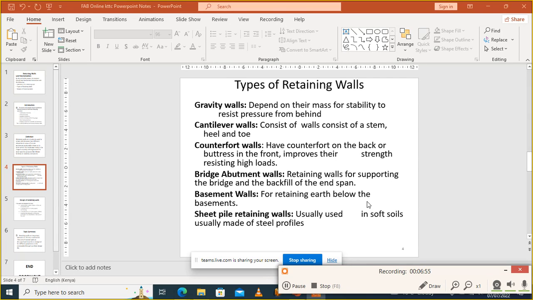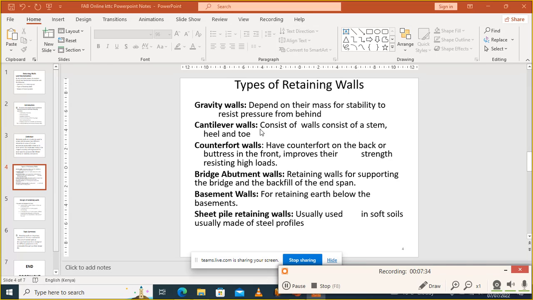Then who can read for us the second type of retaining wall? Cantilever walls, yes, that's right, which consist of a stem, a heel, and a toe. Their base is made up of a heel and a toe, where the toe is the front part and the heel the back part of the wall.